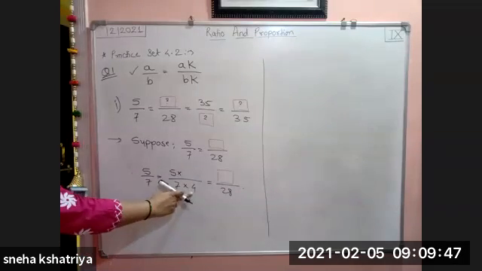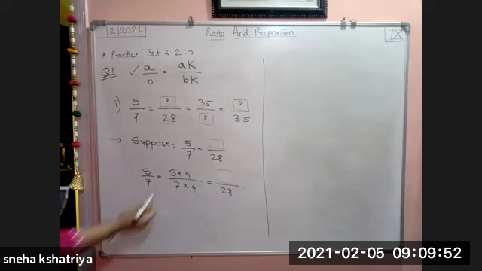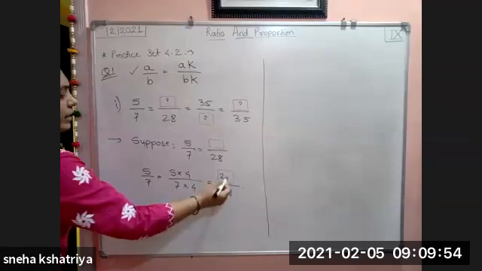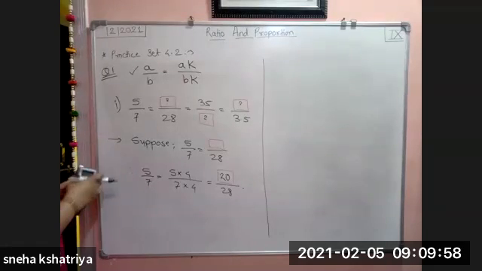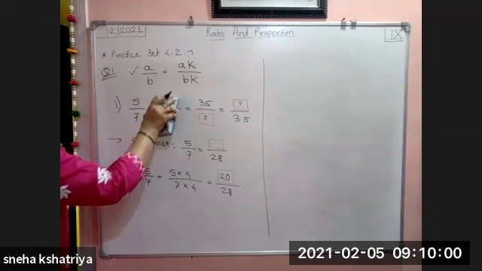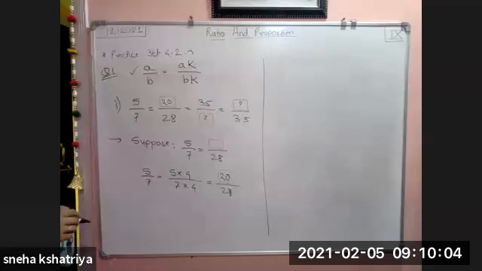So if you are multiplying by 4 at the denominator, you have to multiply by 4 at the numerator also. So 5 4s are, how much do we get? That is 20. So this first box is filled up by the value 20.